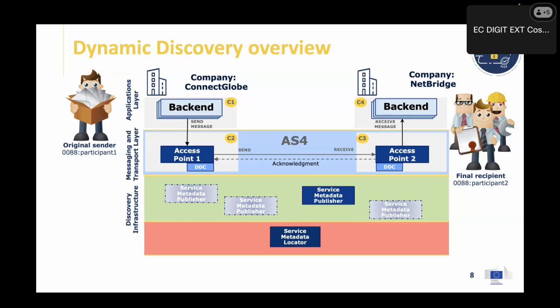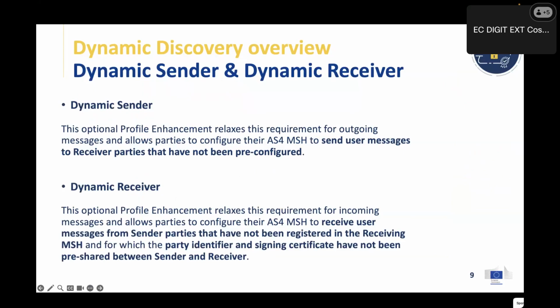Then in the next slides, I will present you in more detail all these aspects that I just explained. As a recap, dynamic discovery has two profile enhancements: dynamic sender, which allows parties to configure their access point to send messages to receiver parties which are not previously pre-configured. These will be dynamically discovered as we have seen before.